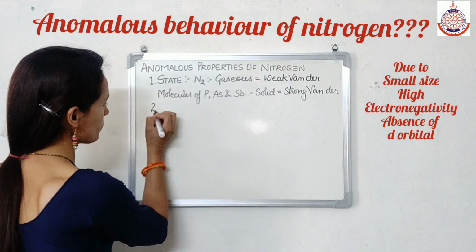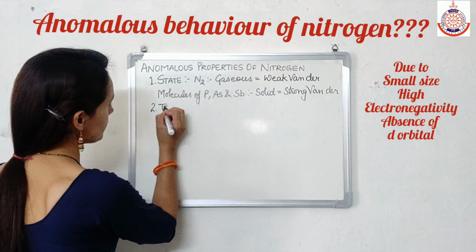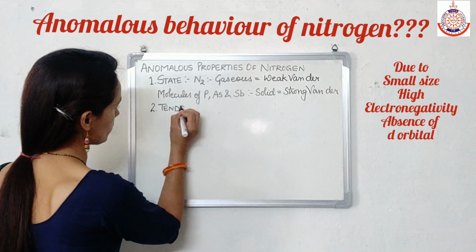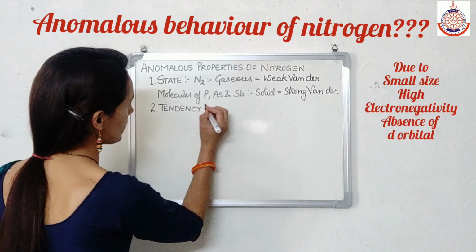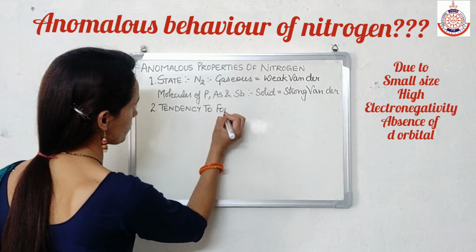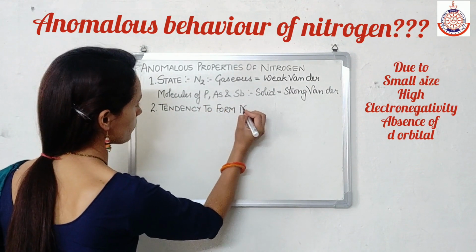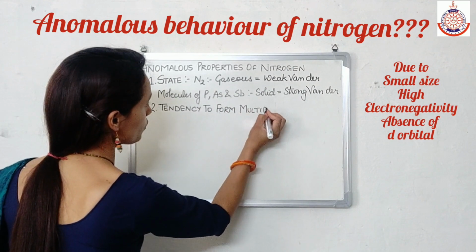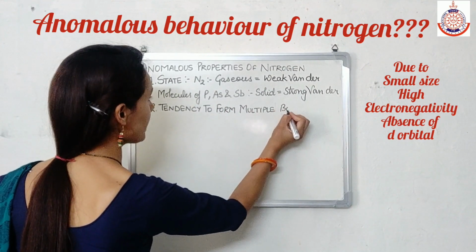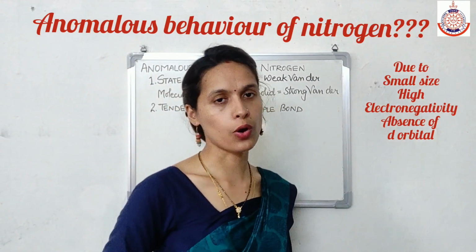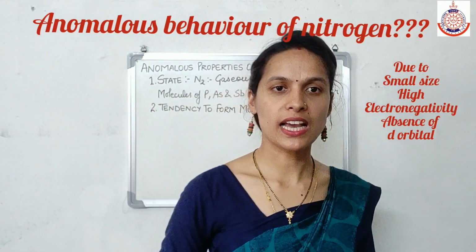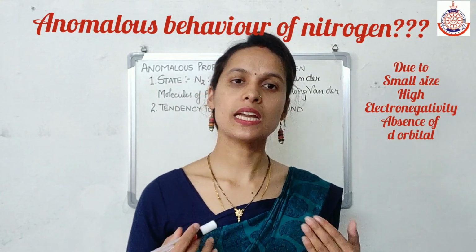Second one, tendency to form multiple bonds. Now, due to very small size and high electronegativity, nitrogen has a strong affinity to form p-pi bond with other elements as well as with itself.